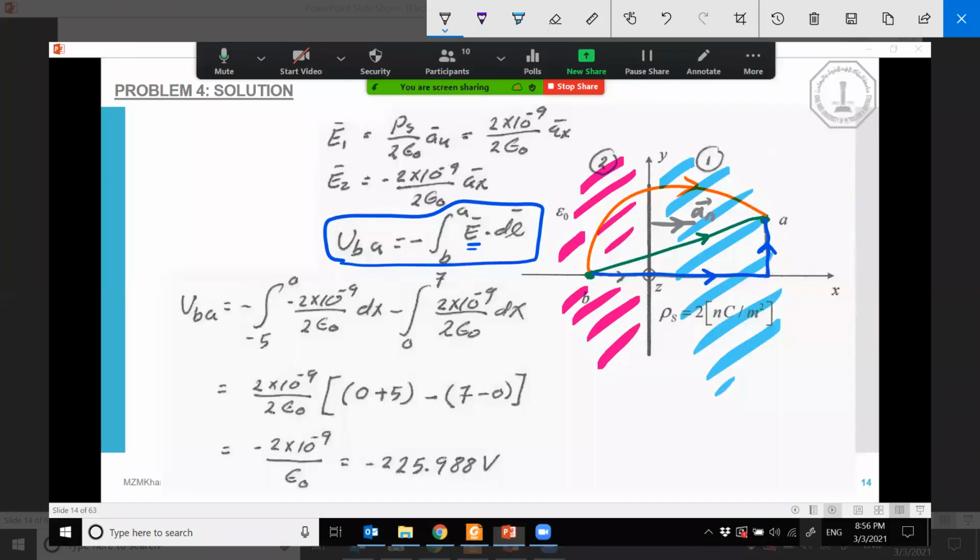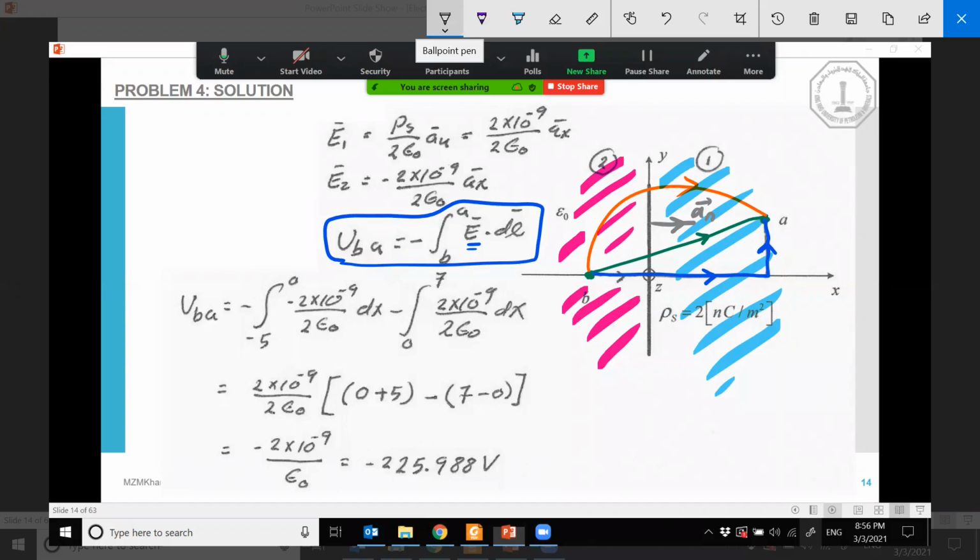So what will be the AN vector? Anybody can answer this. What will be the AN vector in this problem? I'm asking in our problem statement, because we know the coordinates. This is x, this is y, and the one coming out of the screen is z. So in this case, what will be the AN? AX.